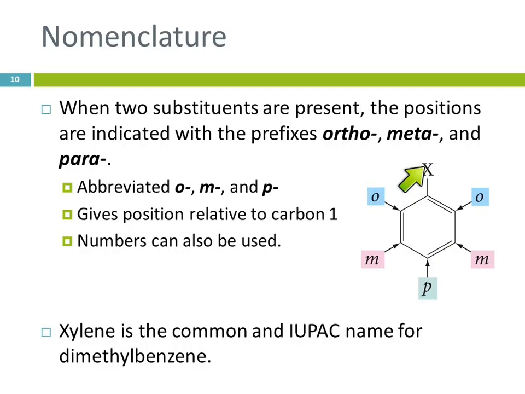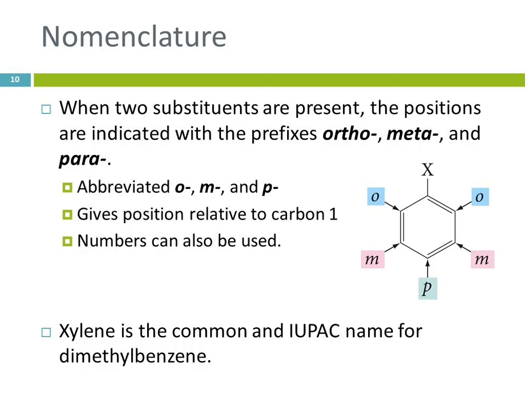If you put one substituent on the top position, then you need to look where the other substituent falls. If it's just one to the right or one to the left, that's ortho. If it's two to the right or two to the left, it's meta, and if it's all the way across, it's para.